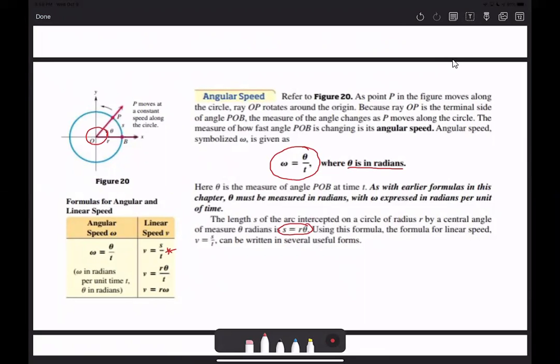Instead of s here, we can substitute r theta over t. And omega is theta over t, so this theta over t here we can replace with omega. So there are different forms to find linear speed, and the one you use is based on what the problem is asking.